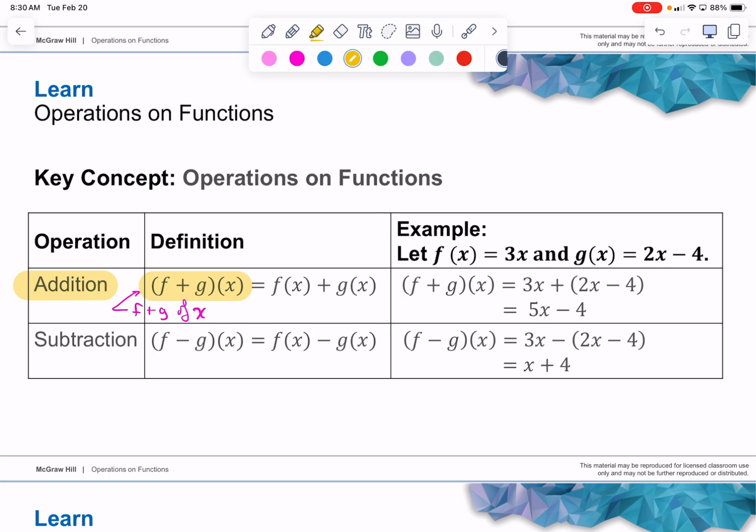So for example, if f of x equals 3x and g of x equals 2x minus 4, then f plus g of x takes all of f of x, which is my 3x, and adds to it all of g of x, which is 2x minus 4. We just combine like terms here, okay?